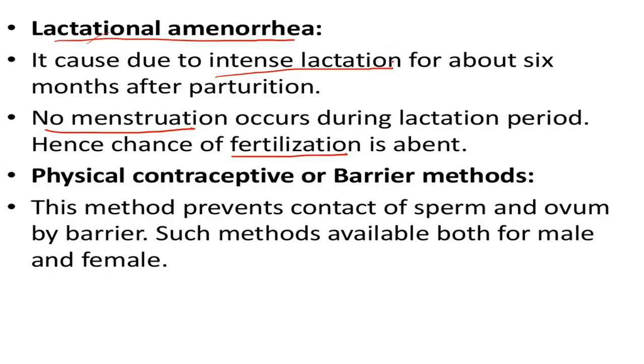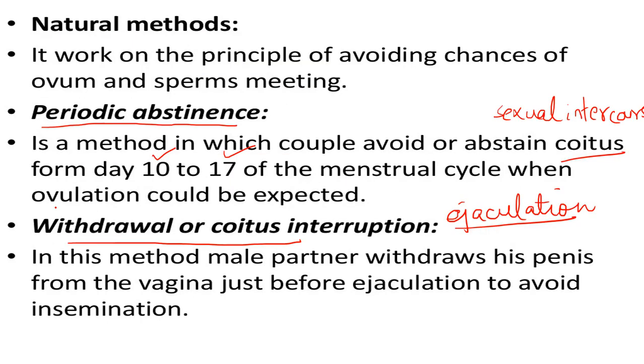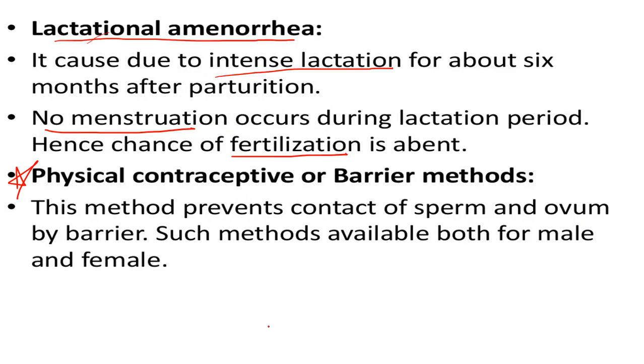Hence, if you have sexual intercourse during the lactation period, there are fewer chances of the female getting pregnant. The first method, natural methods, includes 3 subtypes: periodic abstinence, coitus interruption, and lactational amenorrhea.